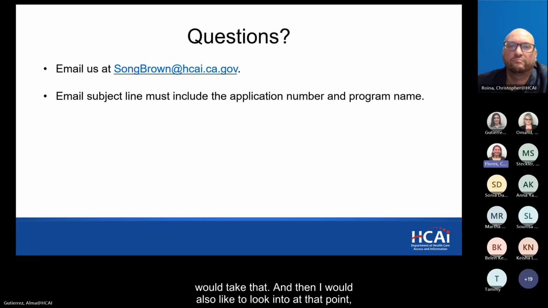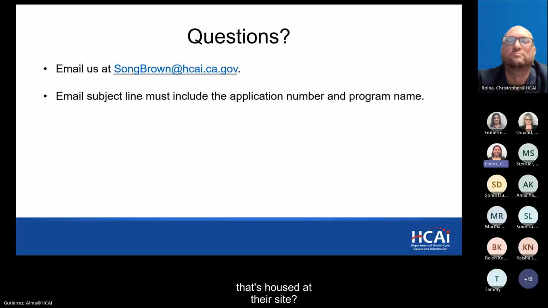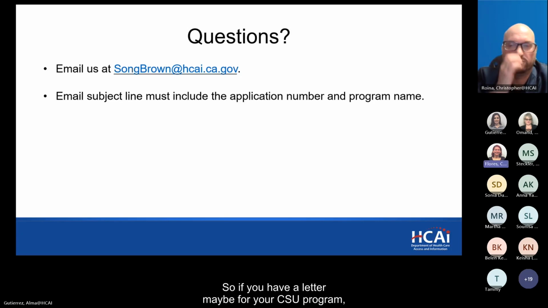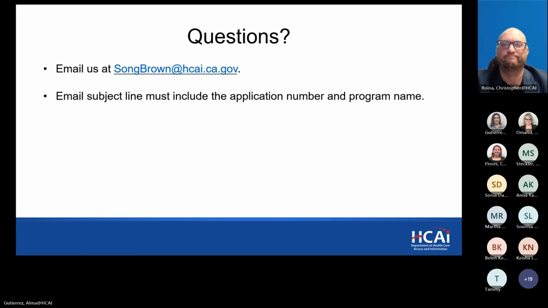And then I would also like to look into, at that point, does the CSU have a BRN approval letter specific to the program that's housed at their site? So if you have a letter maybe for your CSU program, let's touch base after this and take a look.